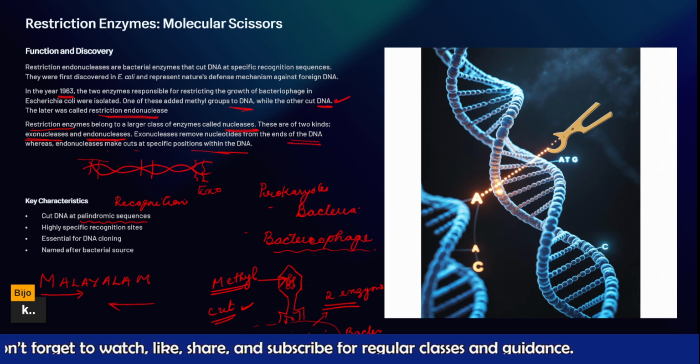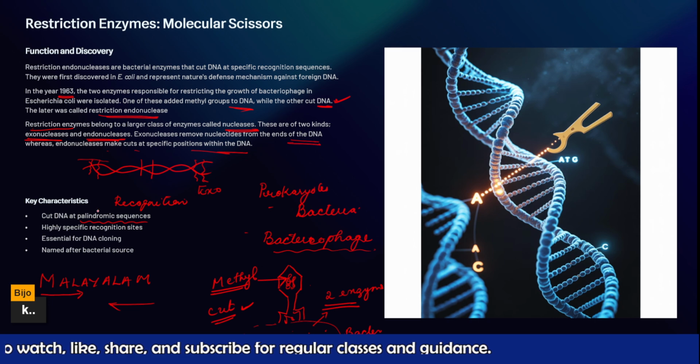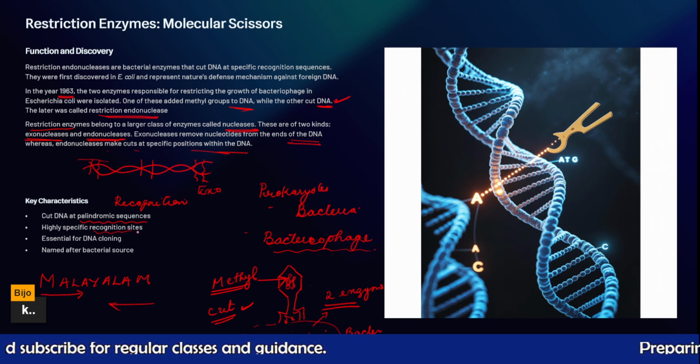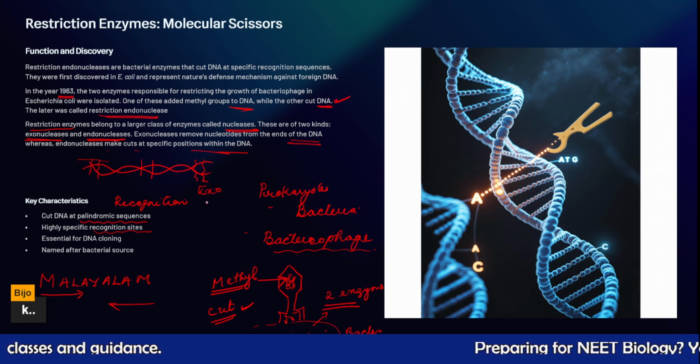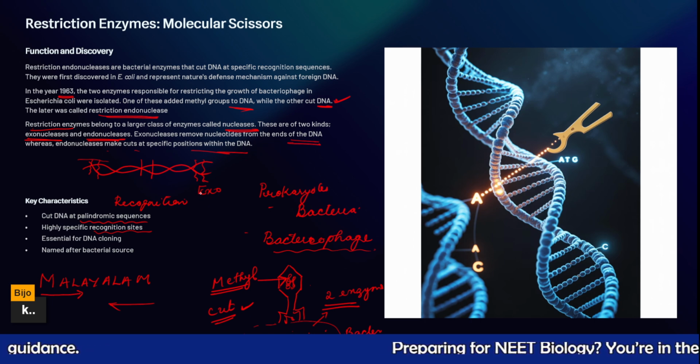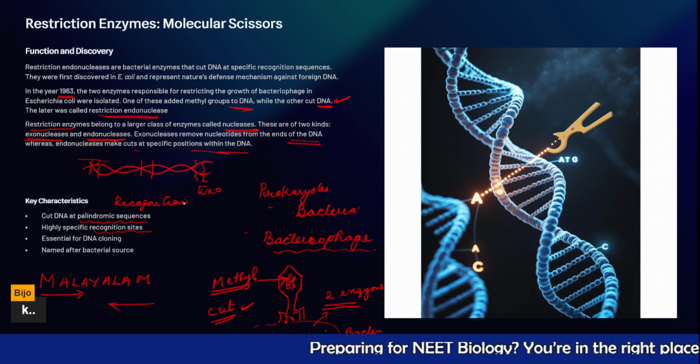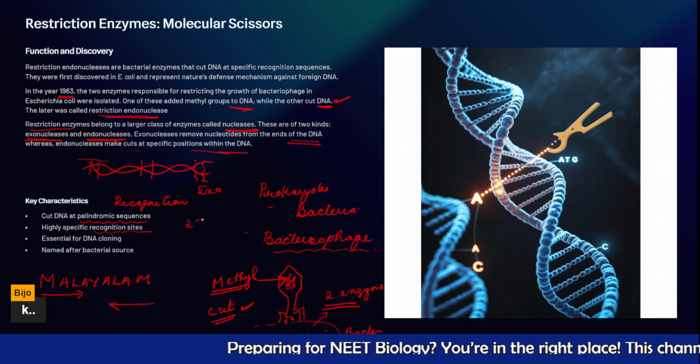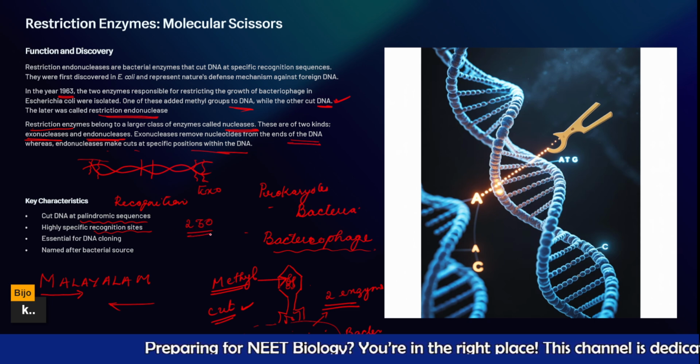We will come to that part again. Palindromic sequences have a specific recognition site, and there are different types of recognition sites. Nowadays scientists have found more than 600 restriction enzymes from 230 strains of bacteria.